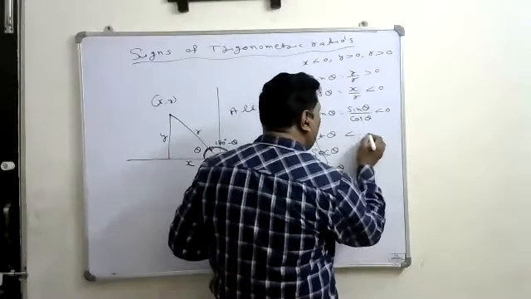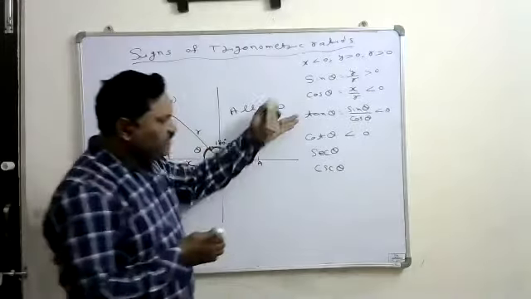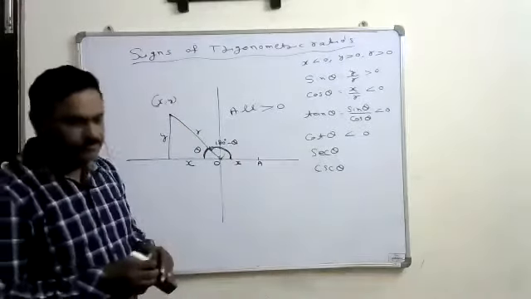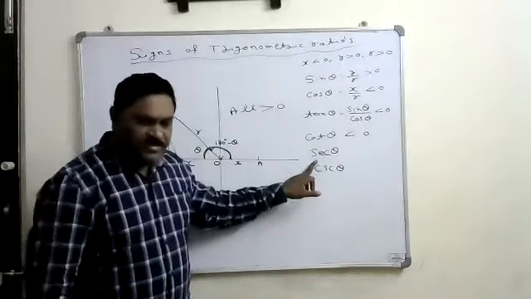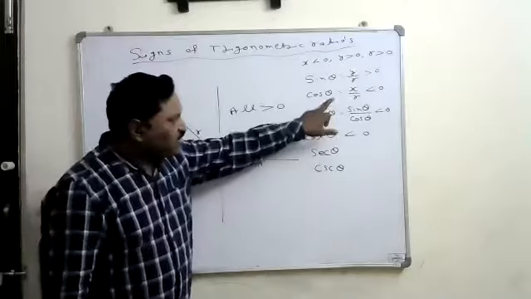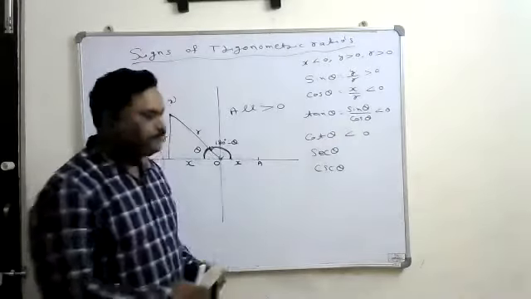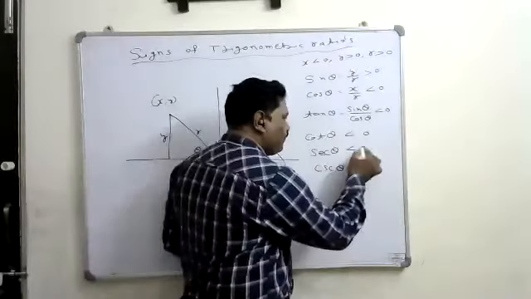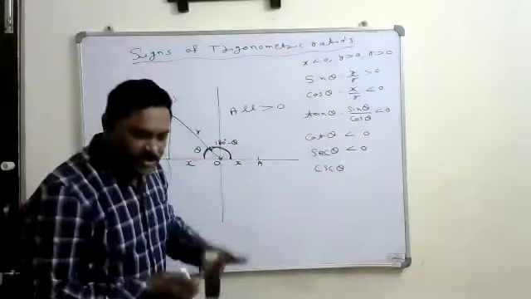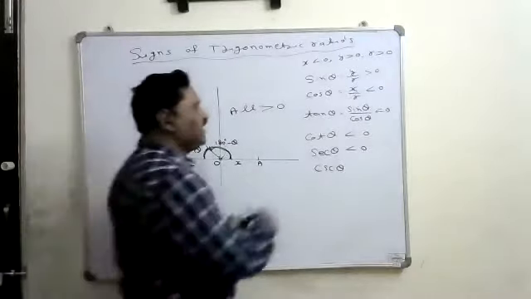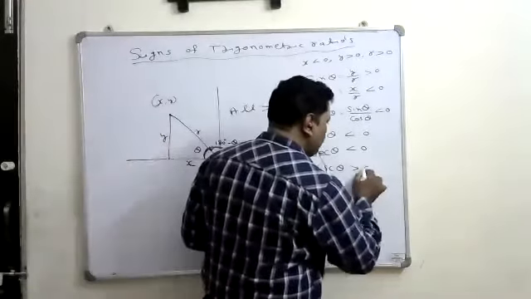Cot theta, the reciprocal of tan, is also negative since tan is negative. Secant is the reciprocal of cos, where cos is negative, so secant is negative. Similarly, cosecant theta is the reciprocal of sine, and sine is positive, so cosecant is positive.